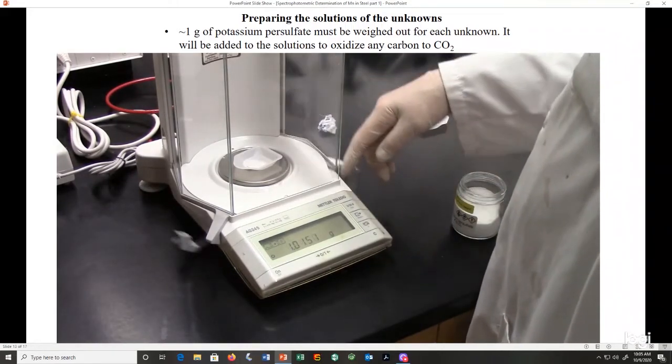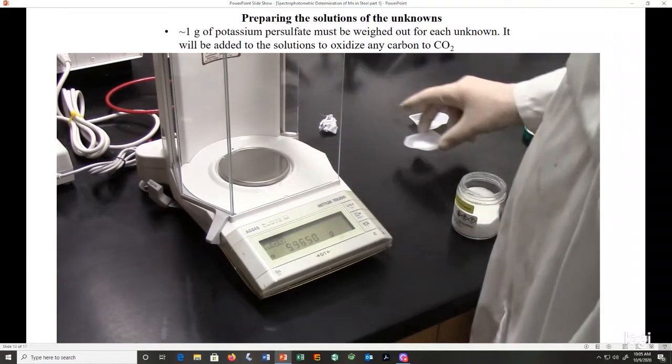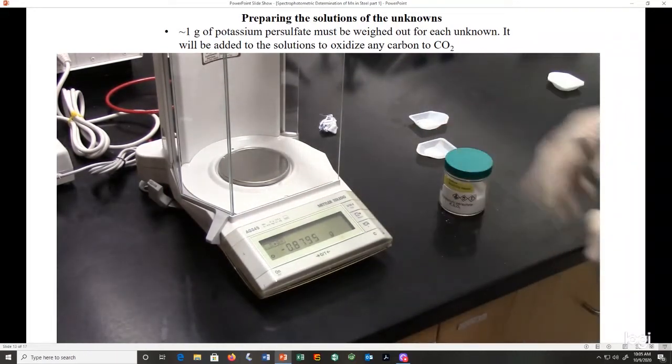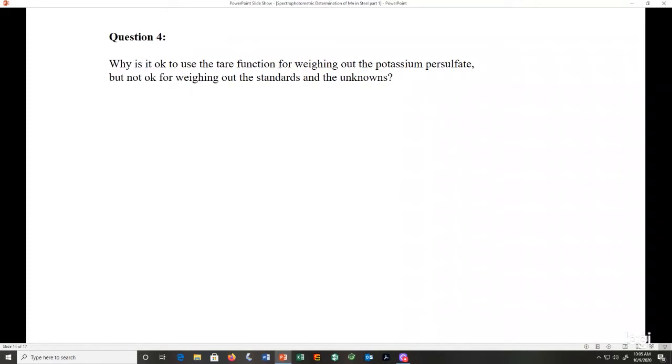And that looks good for our second one. Question 4. Why is it okay to use the tare function for weighing out the potassium persulfate, but not okay for weighing out the standards and the unknowns?